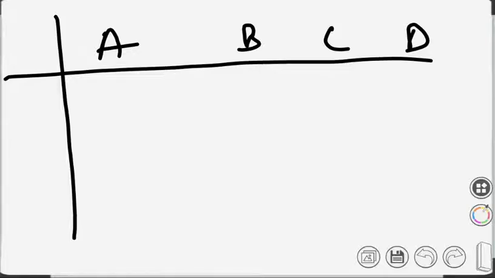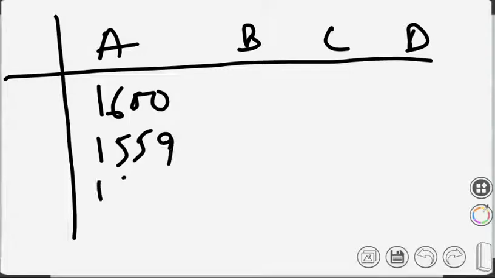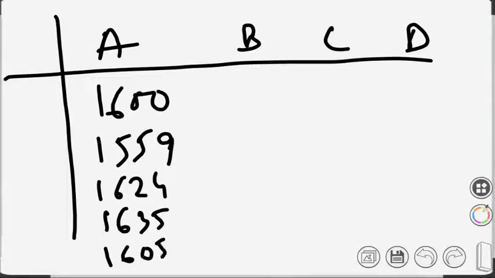Under standard condition that has been tested, it took, say, 1600 hours, 1559, 1624, 1635, 1650. So five brand A tires are taken, and they have been tested under standard condition, and the first tire lasted for 1600 hours, second tire lasted for 1559 hours, third tire lasted like that.